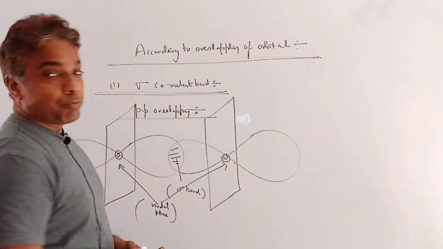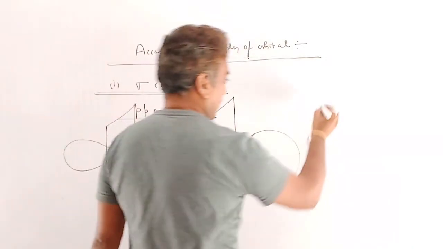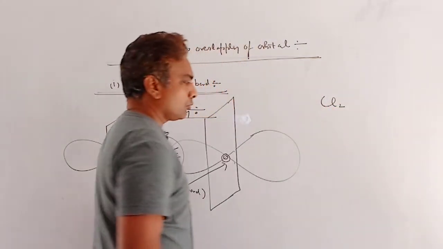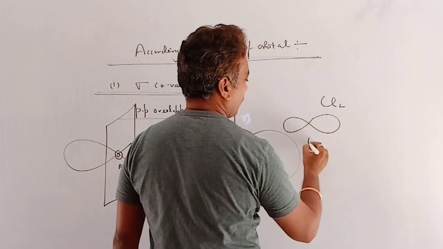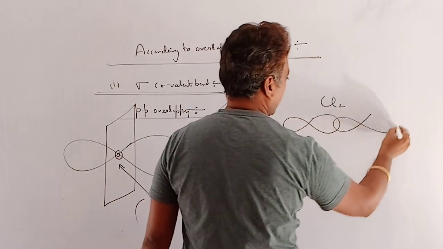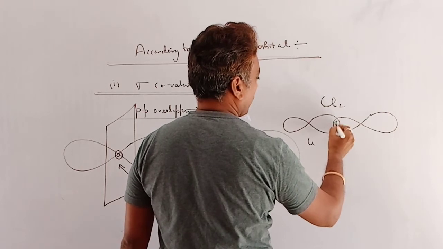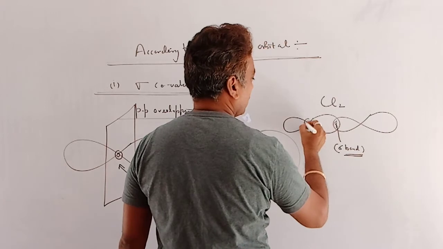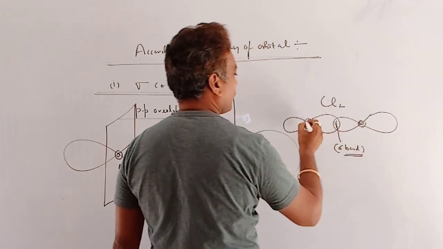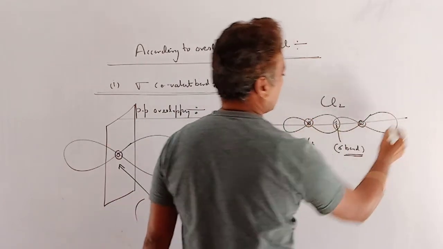For the example of PP overlapping, the molecule is Cl2. One p orbital of chlorine overlaps another p orbital of chlorine head to head. Such type of bond is called sigma bond, in which two nodal planes are observed. Clear?